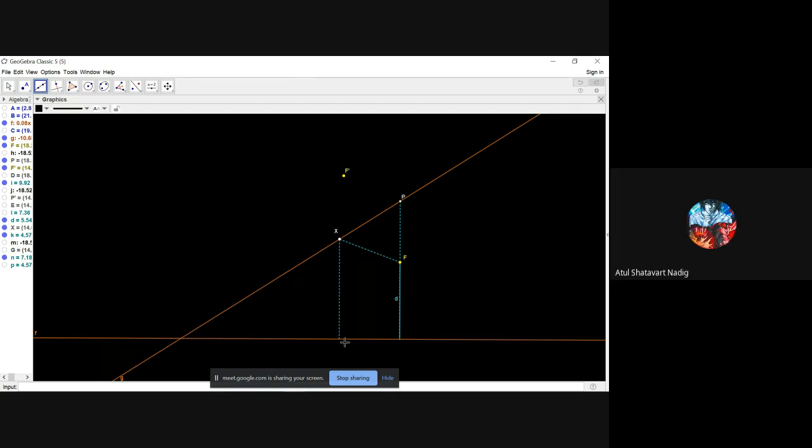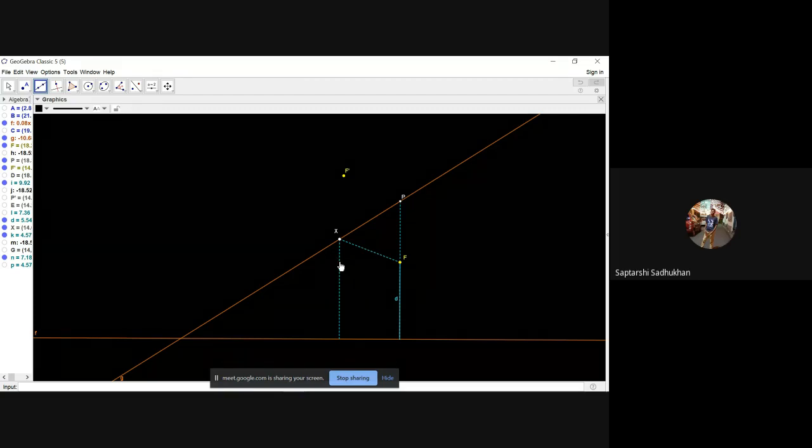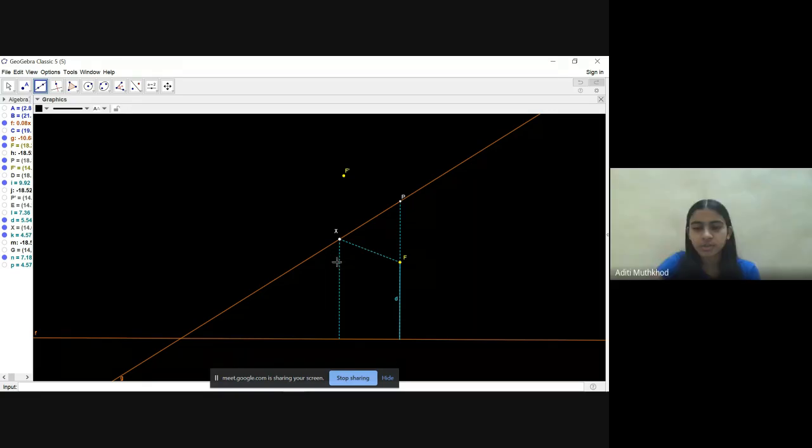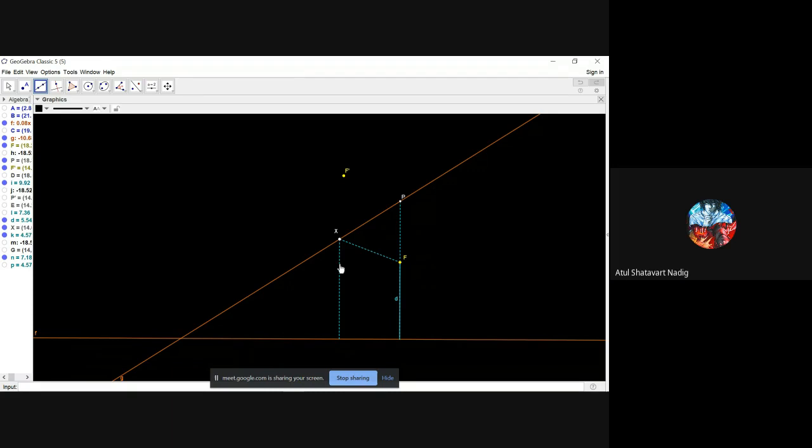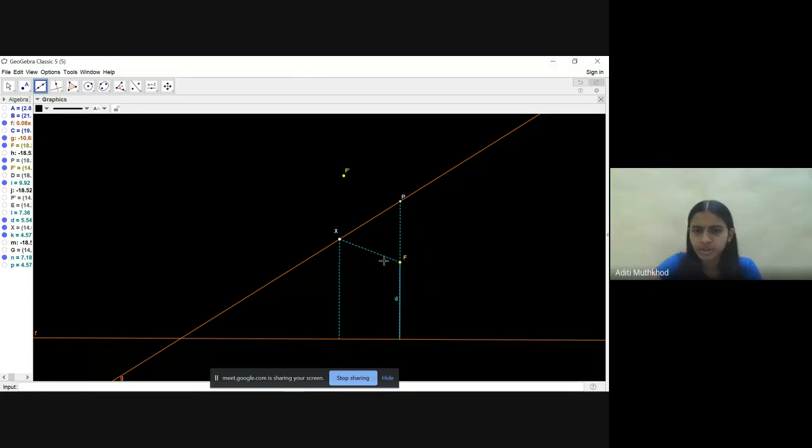Say the foot from F onto the line is Z, then you want to show FZ is greater than XE minus XF. That is exactly what I was trying to do. Z is the foot of F onto the line.